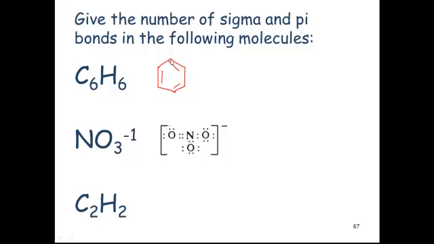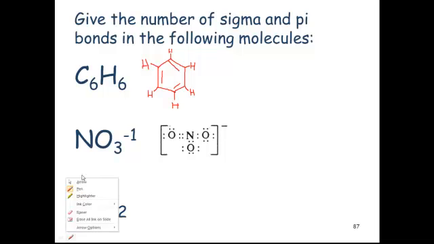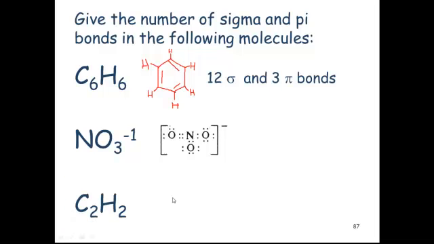You're going to have hydrogens coming off of each corner to give us our C6H6 structure. Then we should have 12 sigmas and 3 pi's.